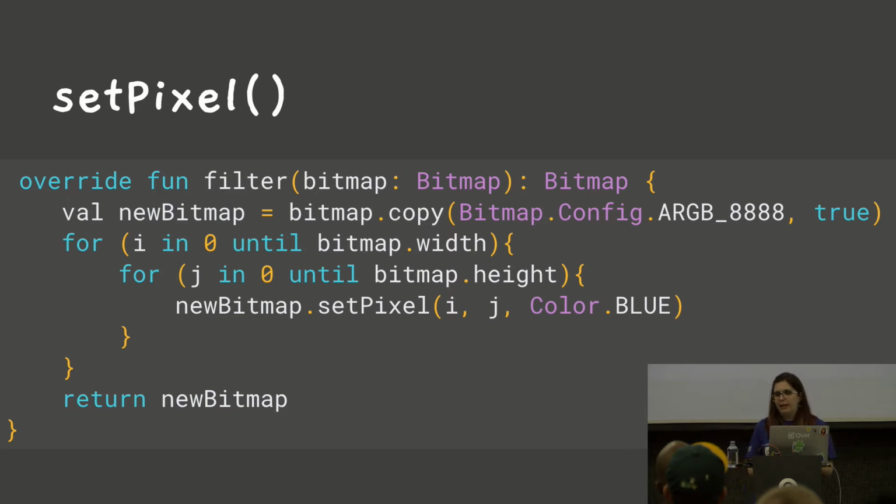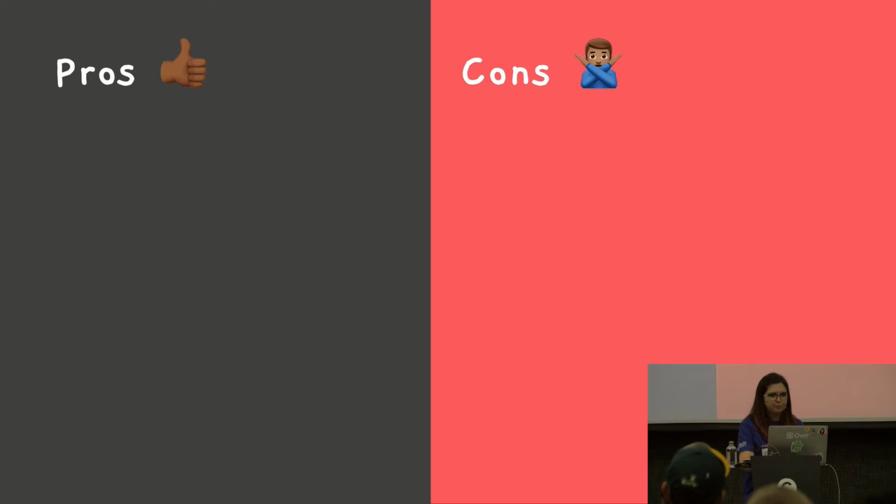In this case, I'm applying the color blue, so it's just going to output a whole blue bitmap because why not? But the problem with this is that you're running this on the CPU, okay? So if you have a really large image, this is just going to slow your app down to an absolute crawl. If you don't mind it processing in the background, maybe this is the right option for you.